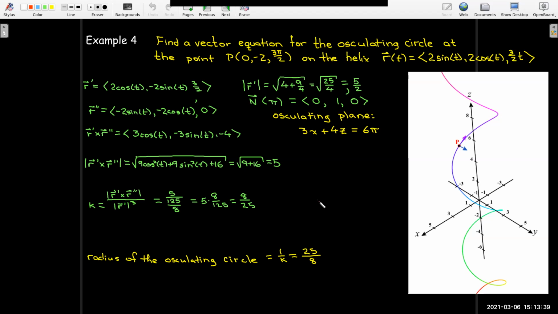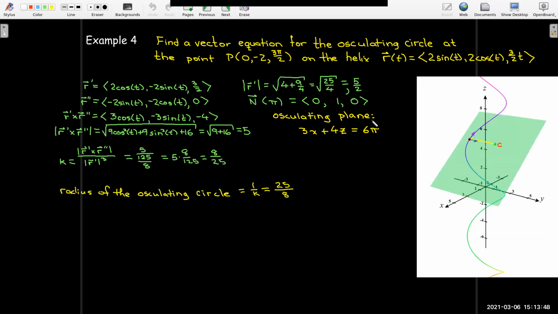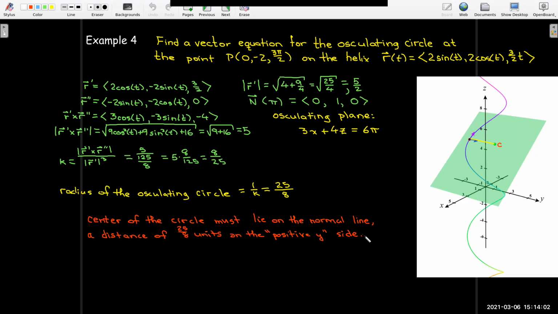So now that I know the radius and the unit normal vector, I can find the center of the circle. Where is the center of the circle going to be? Well, it's going to be on this normal line and a distance of 25 over 8 units away. And it's got to be on this side of the normal line because that is our concave side, the side where the normal vector points.